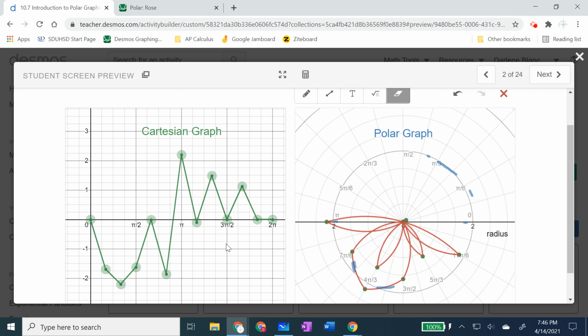But the one that's actually a little bit harder to work with uses polar as a little bit of a basis, but it then creates another radius on top of that. So you want to know your polar and how it works before you go in there. And honestly, I think playing with this could teach you so much.